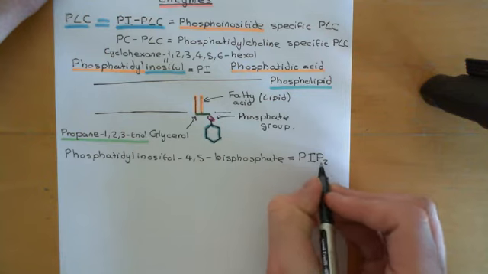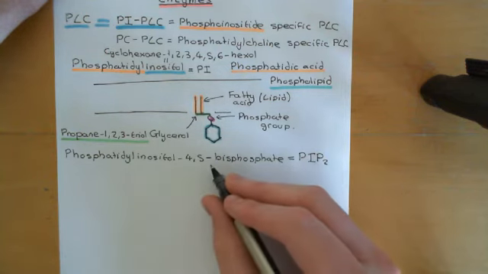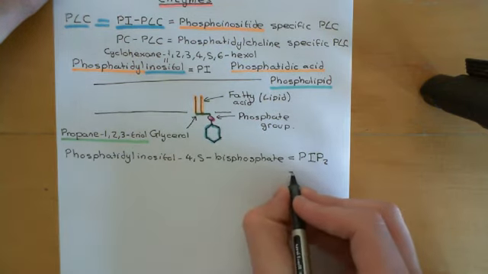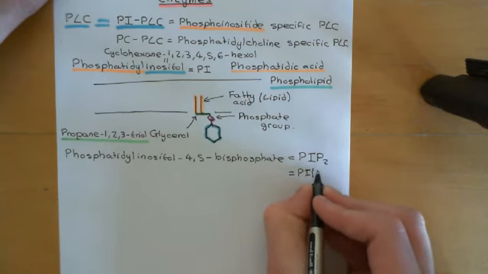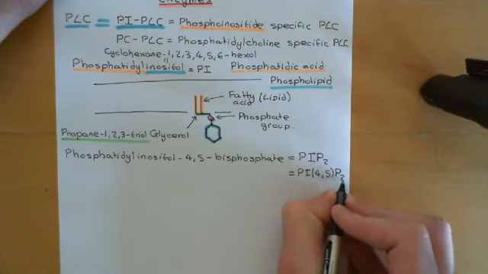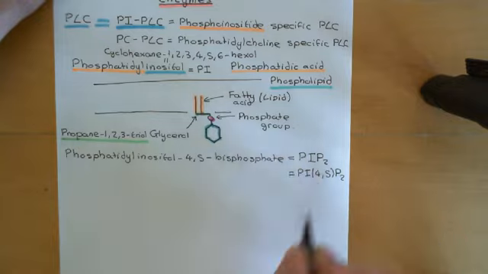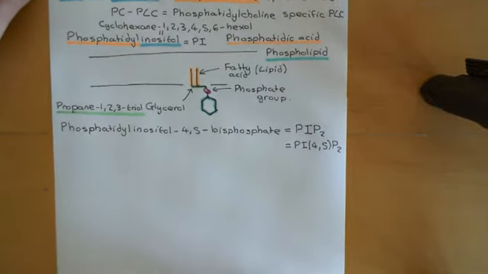Now, of course, that abbreviation doesn't tell you which alcohol groups the 2 phosphate groups actually come off, so a more rigorous abbreviation is PI(4,5)P2. You put 4,5 in brackets there, and then you've got the P2, and this tells you where the phosphate groups are actually coming off the inositol ring.